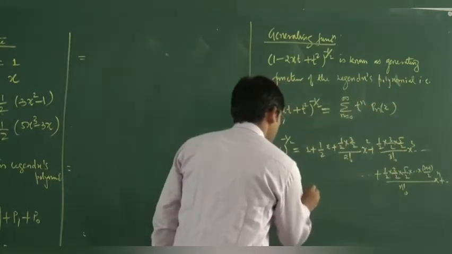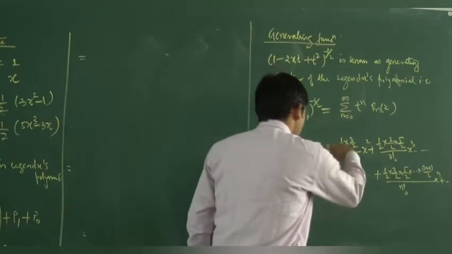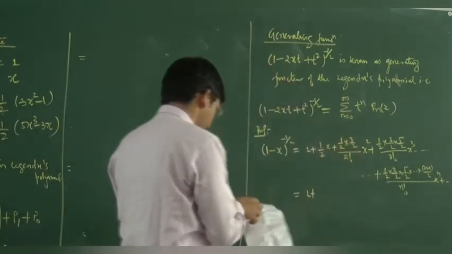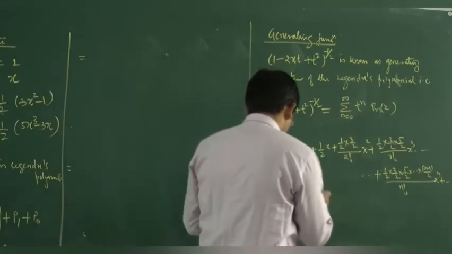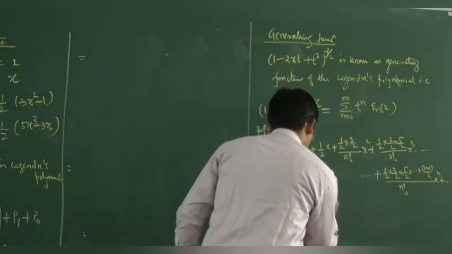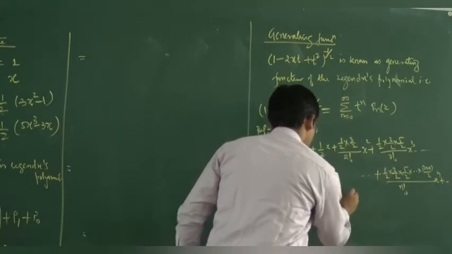Now let us rewrite this equation as 1 plus factorial 2 upon (factorial 1) whole square, 2 square, then x.